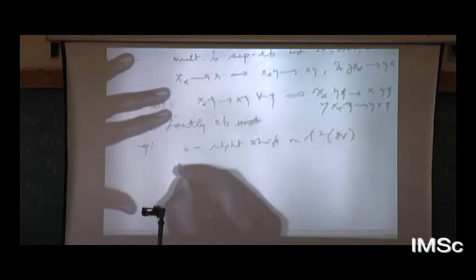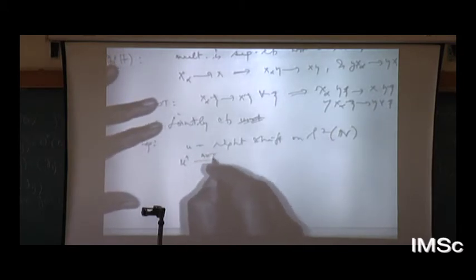Okay, now if you look at U power n, it converges in the weak operator topology to 0.